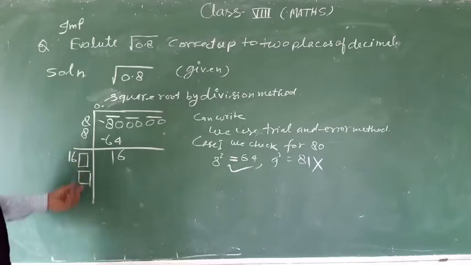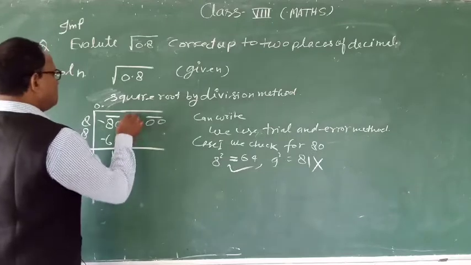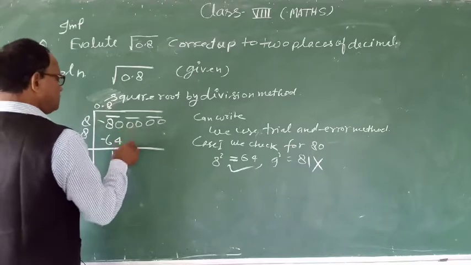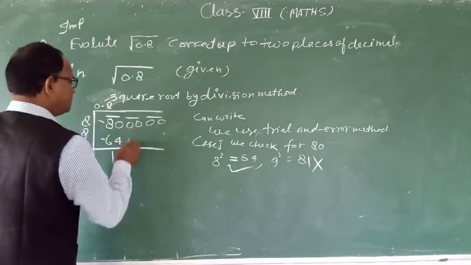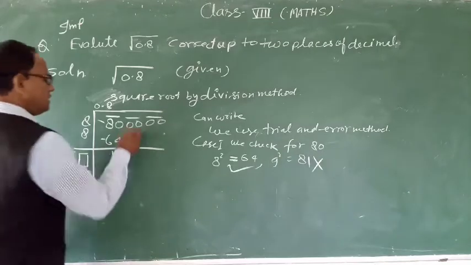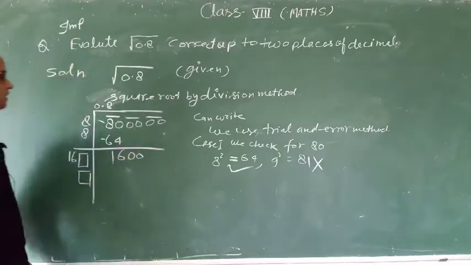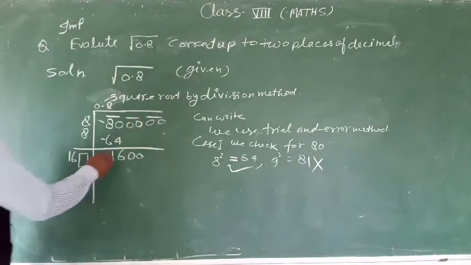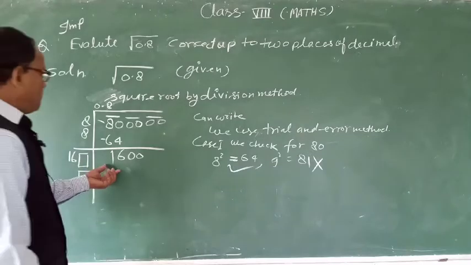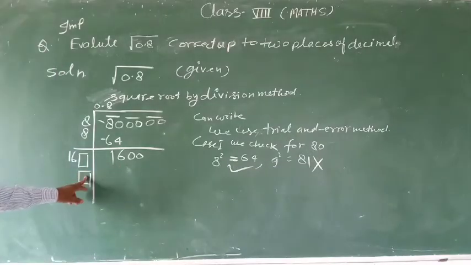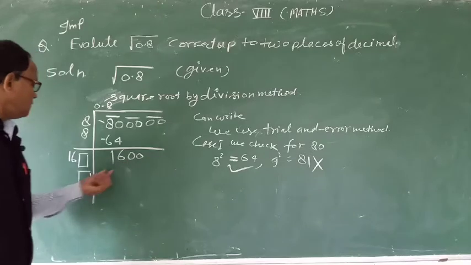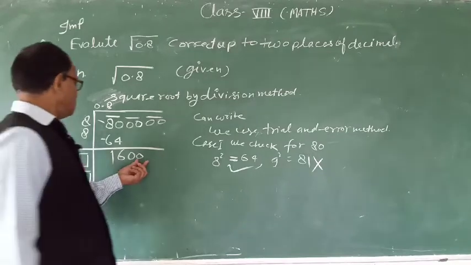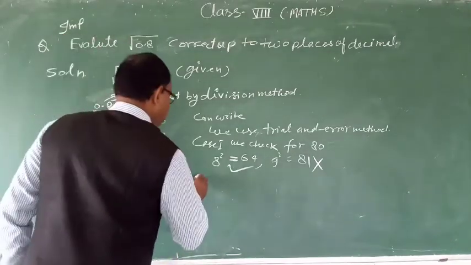Make a box here and write 8 and take 00. Write 00 from here. For this, which number's square multiplied in this is not greater than 1600?